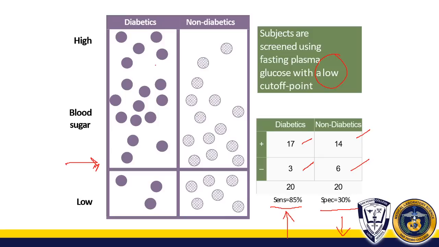It would give us more false positive results, since only very few diabetics are misdiagnosed. If you look, 17 were detected here. But an equivalent proportion of non-diabetics are also identified as positive by this test. So that is a disadvantage.